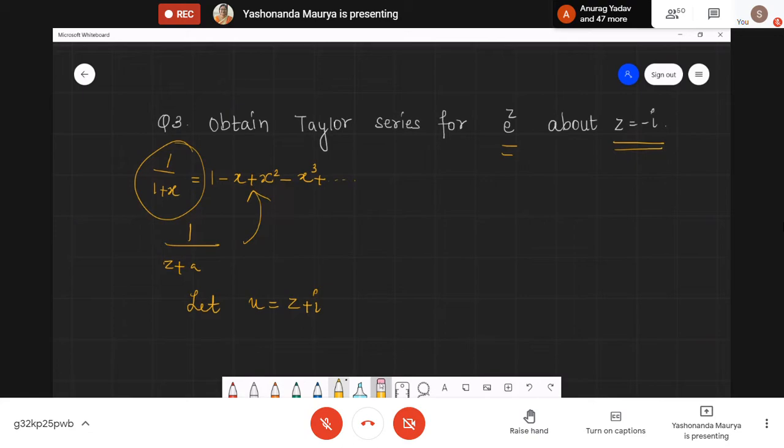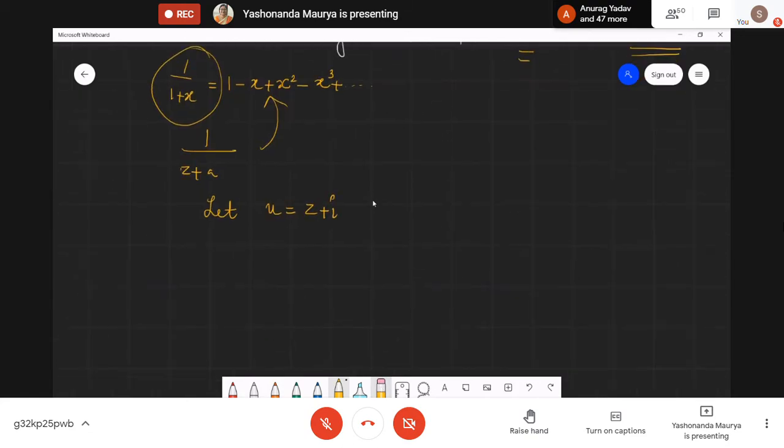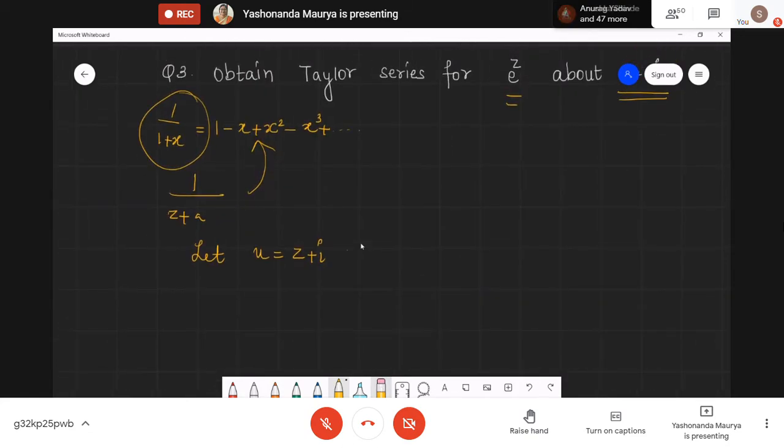So this will imply that z is equal to u minus i. So this expression e raised to z, if I call this my f of z, will be equal to e raised to u minus i, which is e raised to u times e raised to minus i.